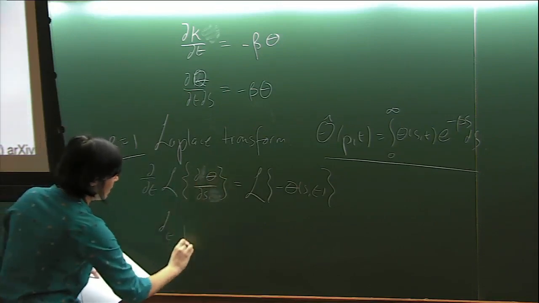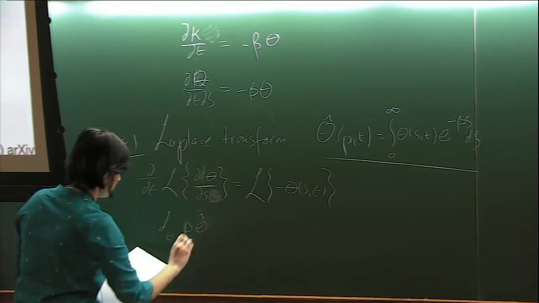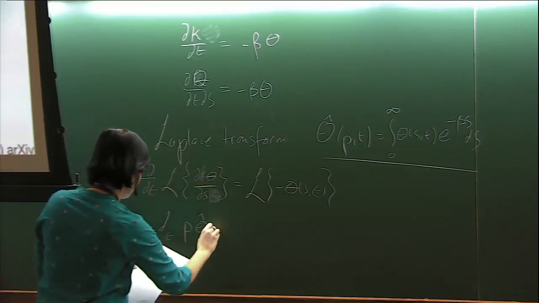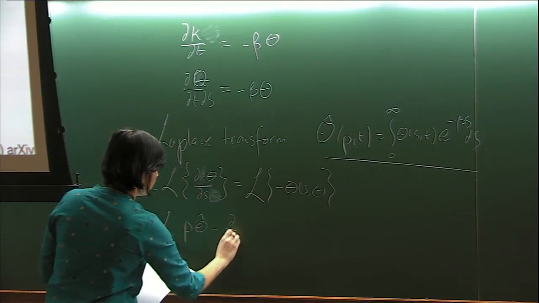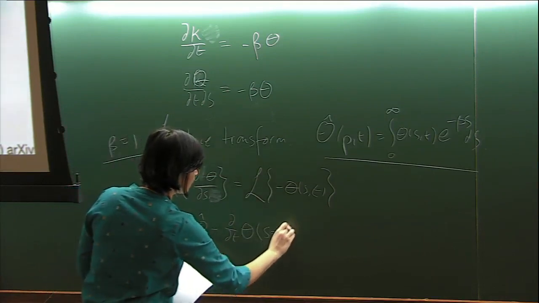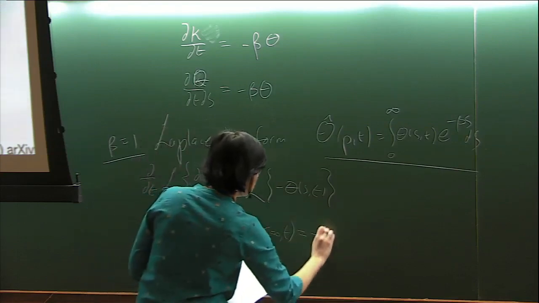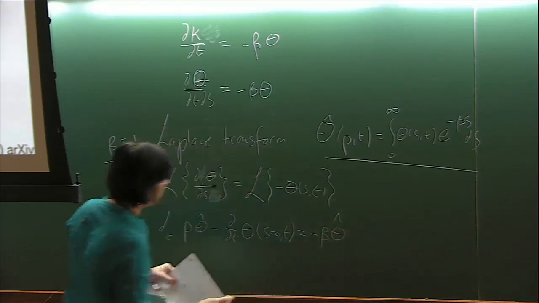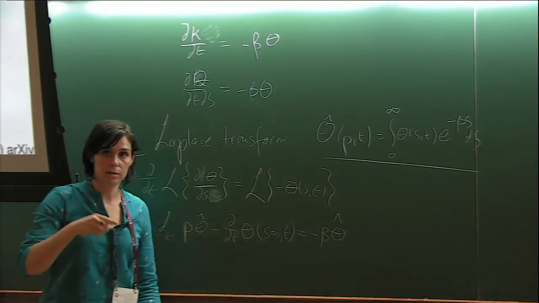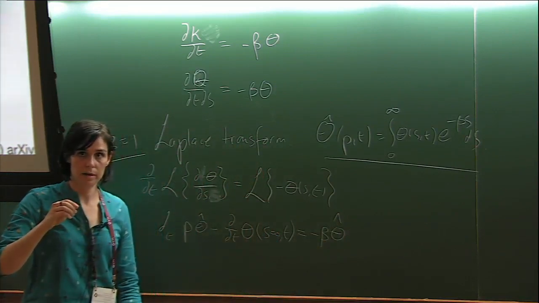So with derivatives, you have p theta hat, where theta hat is the Laplace transform, minus the derivative of theta at S equals 0 at time t. If you remember, I said that the angle at S equals 0 is constant.